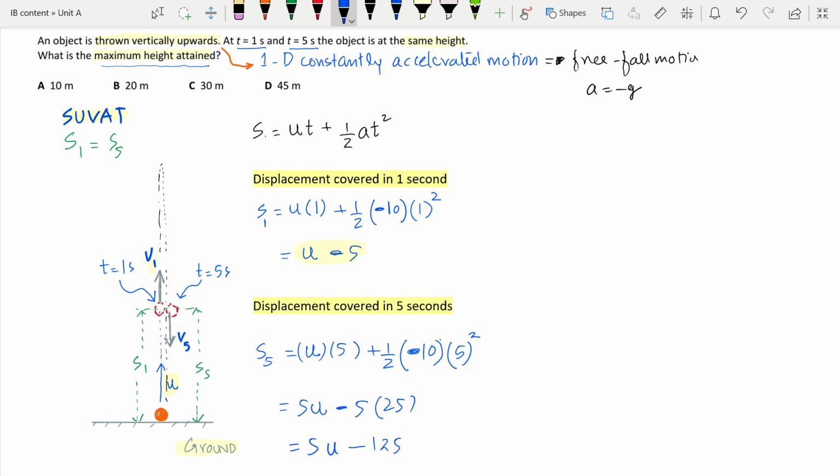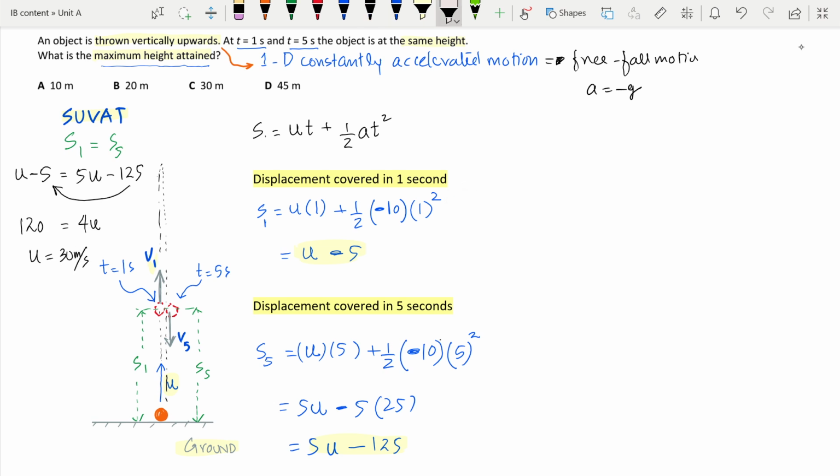These displacements are equal. Remember, I'm not saying distances are equal, displacements are equal. So let's equate them. Moving negative 125 to the other side, it will be 120 equals 4u, and u equals 30 meters per second.